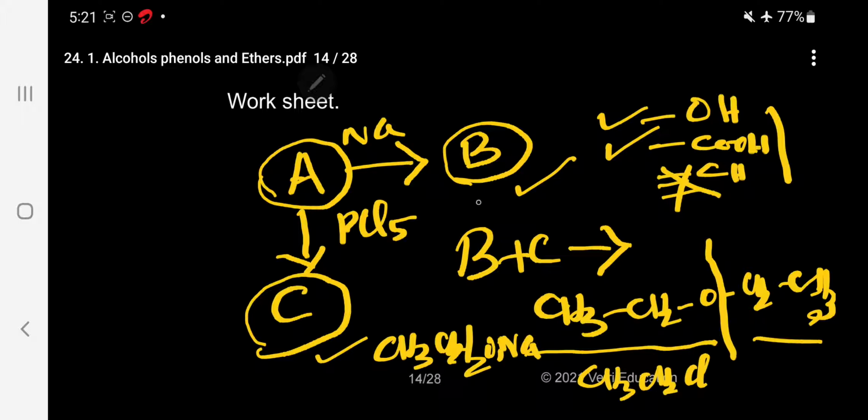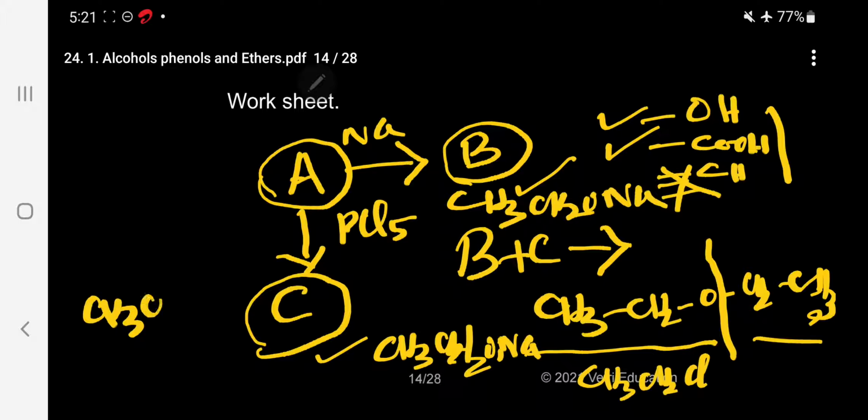So this should be CH3CH2ONa, sodium ethoxide, and this should be ethyl chloride. Please follow. These two compounds undergo reaction to produce diethyl ether. Very, very easy. So we have identified what A should be: nothing but ethyl alcohol.